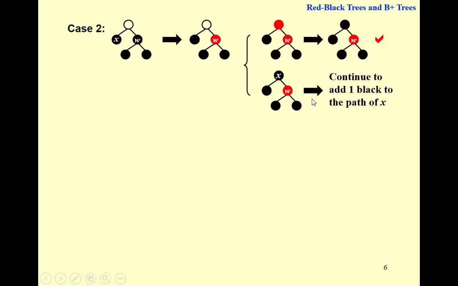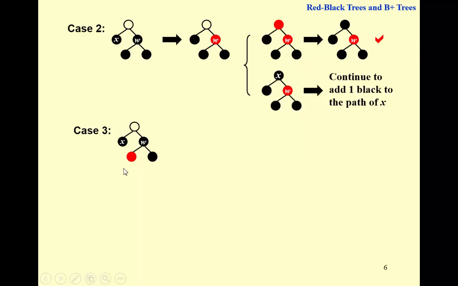So in the worst case, we're going to have to keep moving up if everything is black along the way. So you just keep moving up. It takes log n time to move upwards, but there's no rotation involved. We're just changing colors. So we just keep moving up until we encounter one of these two cases, either case 3 or case 4.